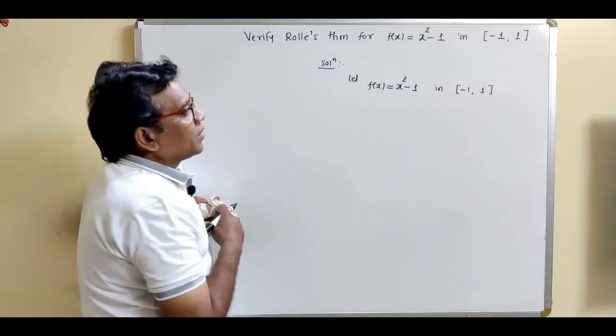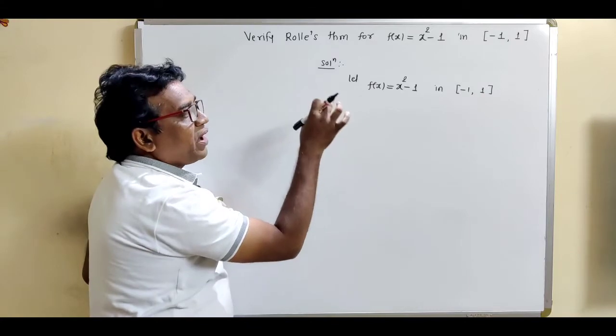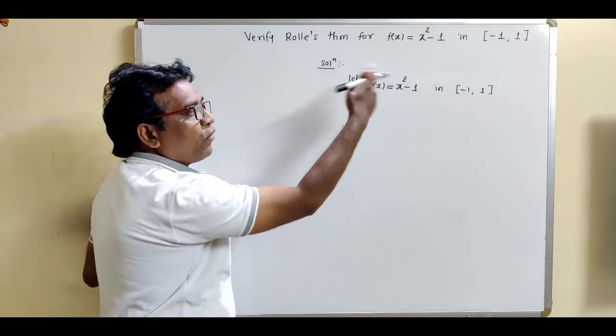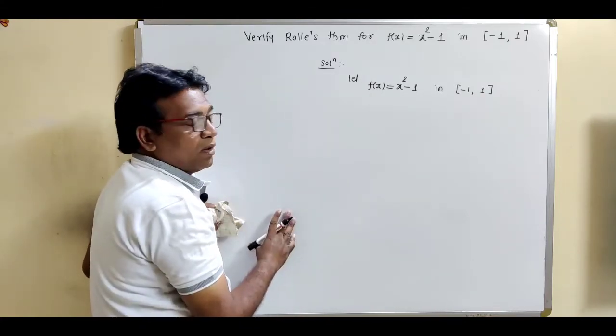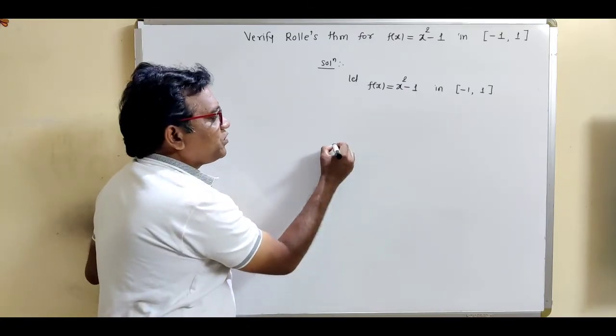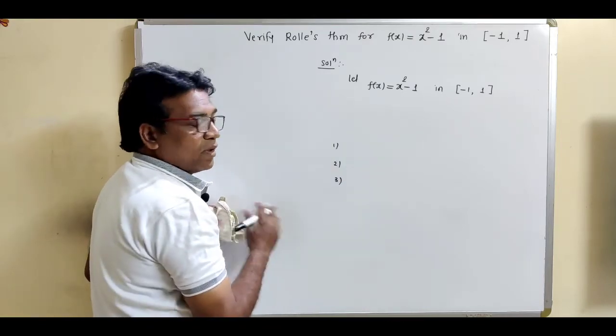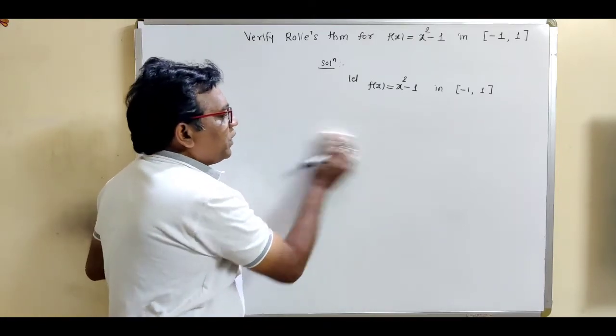Now see, the question is, we have to verify Rolle's theorem for this function. Verification of Rolle's theorem means we have to check all the three conditions of Rolle's theorem. So see what is the statement of Rolle's theorem.